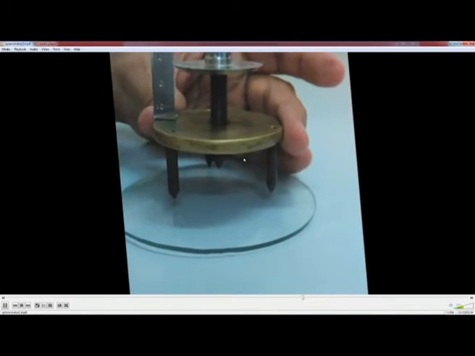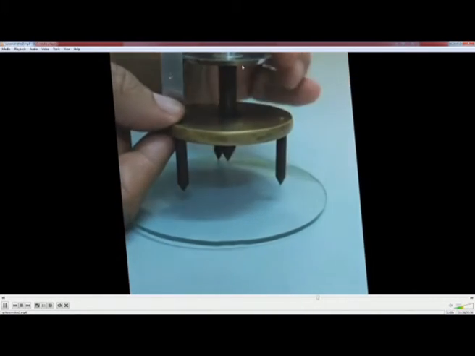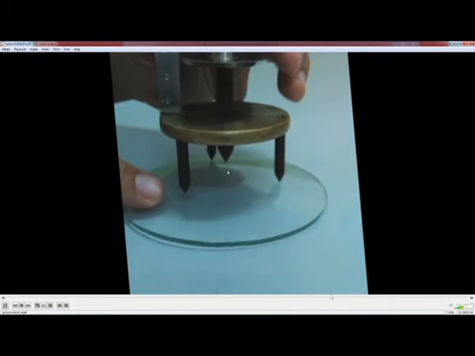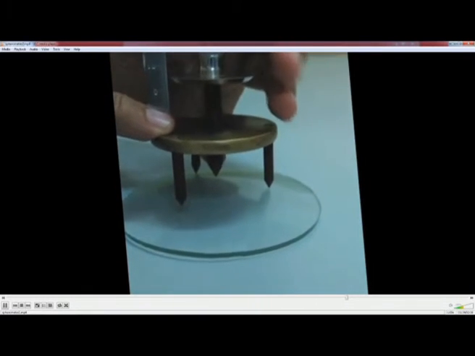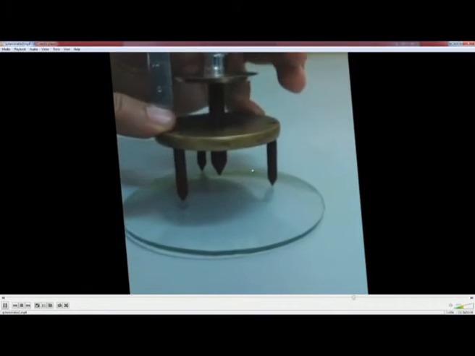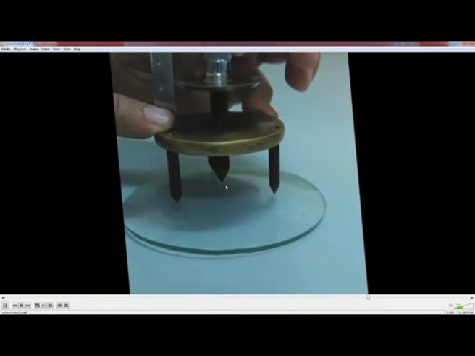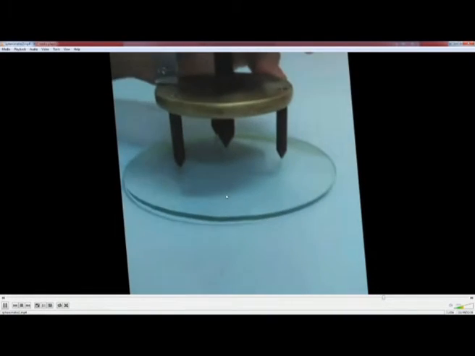Now, we have to rotate the dial or screw so that it just touches the topmost point on the lens. Now, we are rotating, the screw is moving down. Now, it is making contact with the surface of the lens.